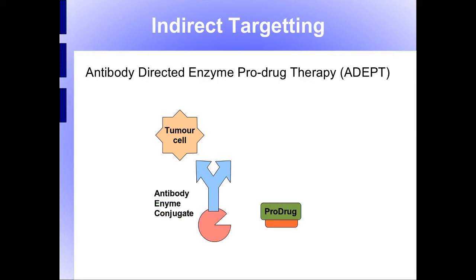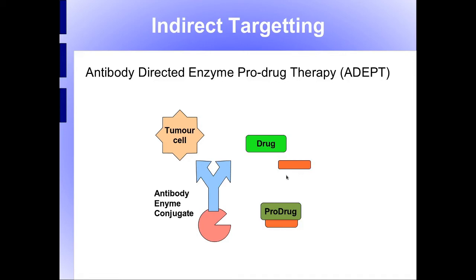You now inject a prodrug, which is an inactive precursor of a drug, which can be activated by the enzyme. And this means that you get then the drug being concentrated at the tumour cells and some sort of leaving group here which dissociates from the drug.